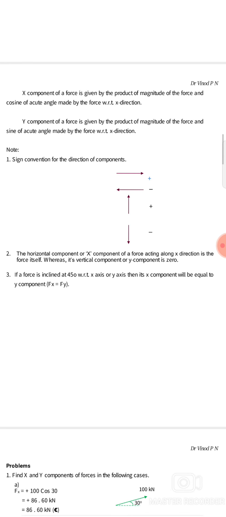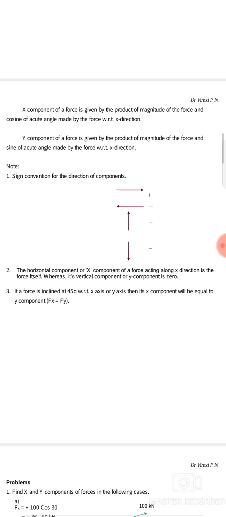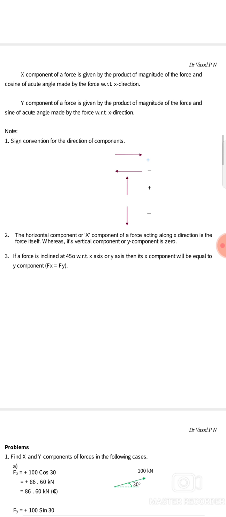The x component of a force is given by the product of the magnitude of the force and the cosine of the acute angle made by the force with respect to the x direction. The y component is given by the product of the magnitude of the force and the sine of the acute angle made with respect to the x direction.